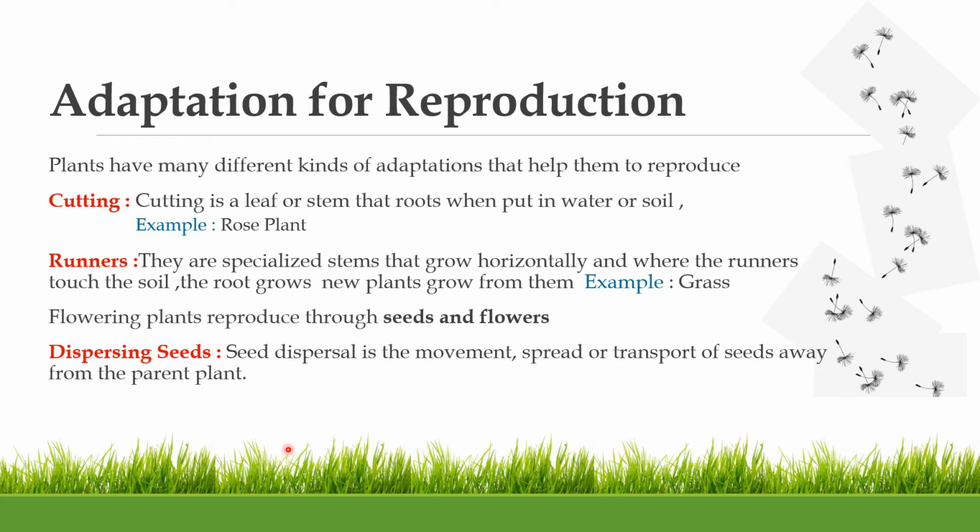Right. Then flowering plants reproduce through seeds and flowers. Right. The dispersing seeds. What are the dispersing seeds you see here? These are the dispersing seeds. Why do we say dispersing seeds? Because seed dispersal is the movement, spread, or transport of seeds away from the parent plant.